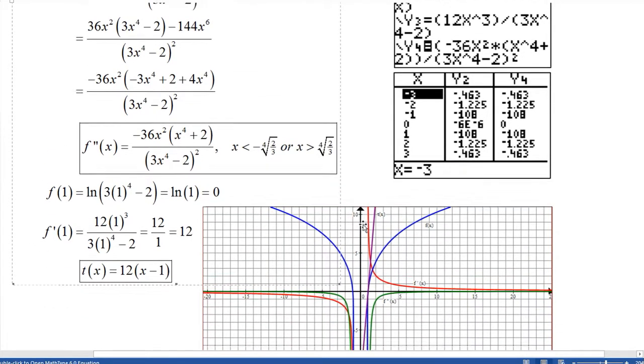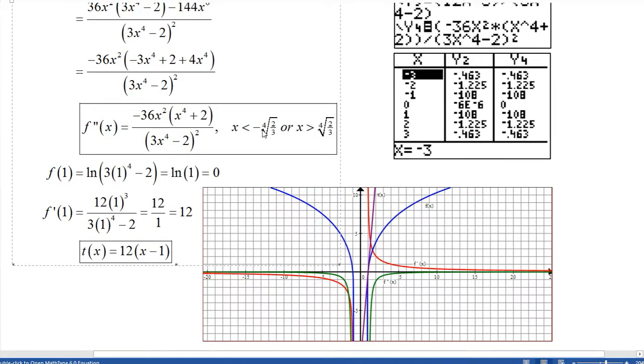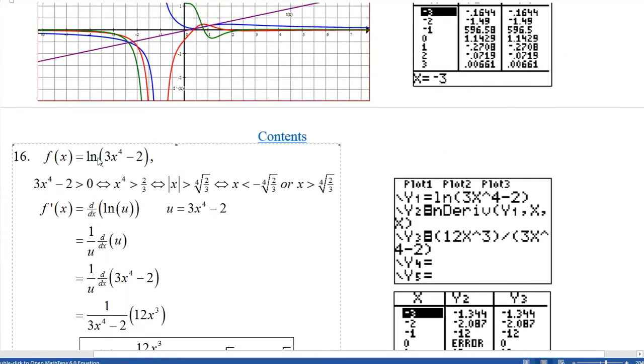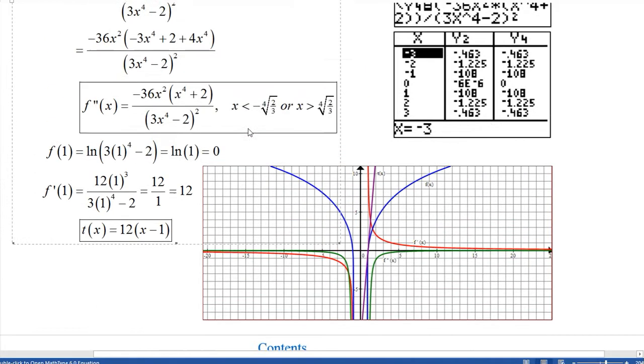Now notice that when we're to the left of that first asymptote, so to the left of negative the 4th root of 2/3, the original graph is here, and notice it's actually decreasing on that interval, which means the derivative should be negative, and that's borne out by this graph here.